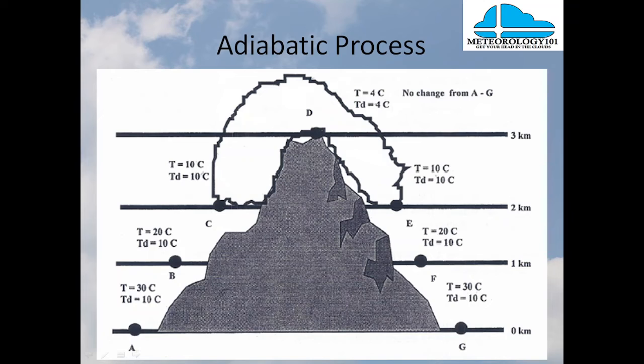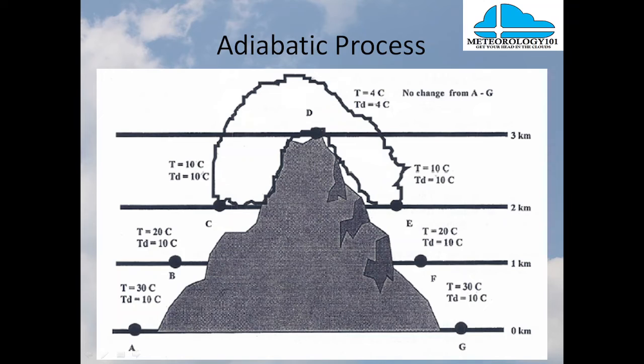We start to warm, and we still remain 100% saturated until we get 2 kilometers down to E. Then our temperature increases, compresses and warms, increases to 20 degrees. Now our relative humidity drops. It's compressing and warming. It warms the surrounding air, reaches that temperature, and then continues for the last kilometer and reaches 30 degrees and remains at a dew point of 10.